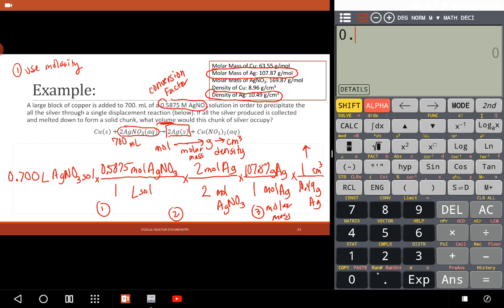Alright, so that's 0.700 times 0.5875 times 2 divided by 2 times 107.87.